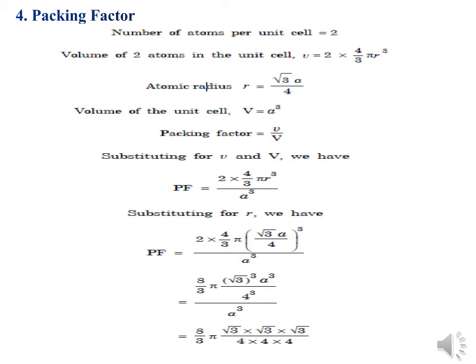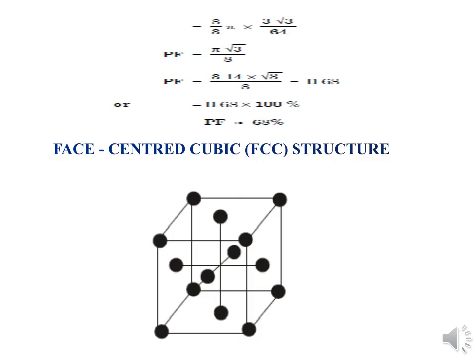That is 8 by 3 pi times root 3 into root 3 into root 3 divided by 4 into 4 into 4. Atomic packing factor simplified is 8 by 3 pi into 3 root 3 by 64.